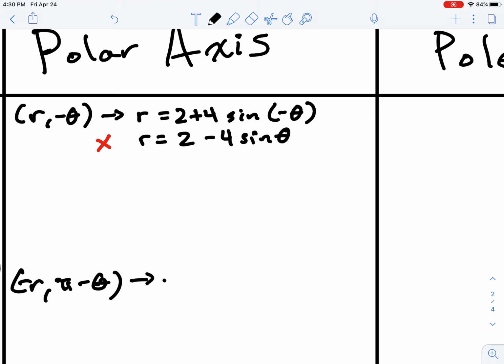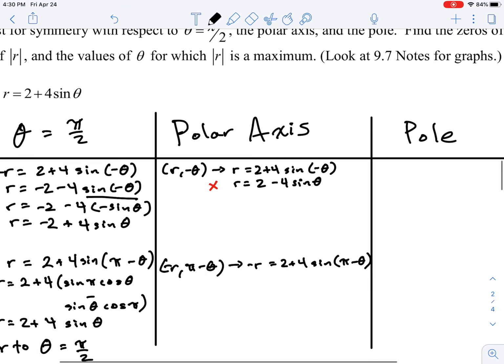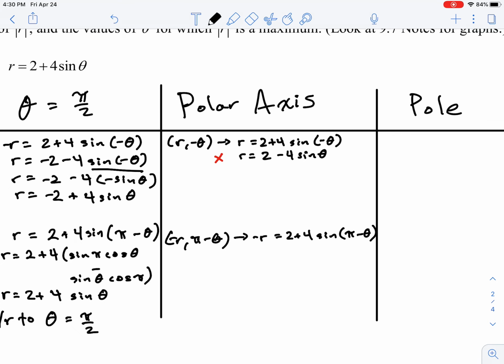So now for the other one here, let's replace r with negative r. Negative r is equal to 2 plus 4 sine pi minus theta. And we already did the heavy lifting for 4 sine pi minus theta, so we can just write this as negative r is equal to 2, and again, all of this would just come out to plus 4 sine theta.